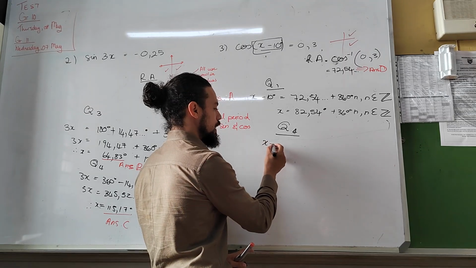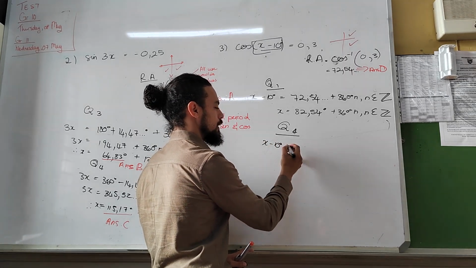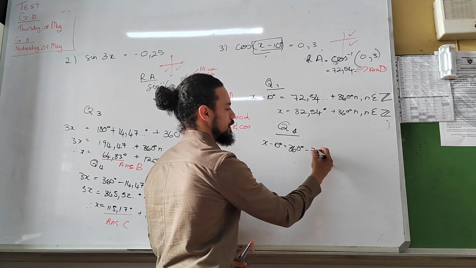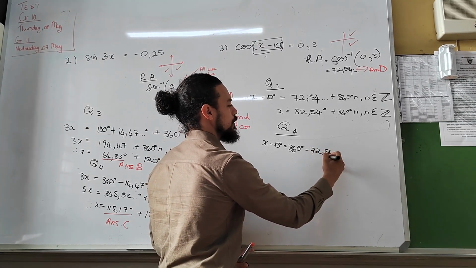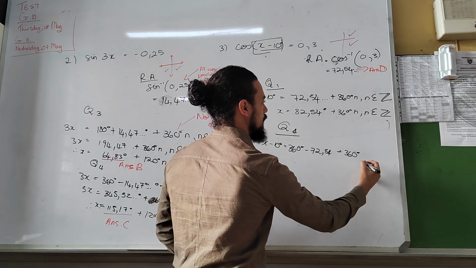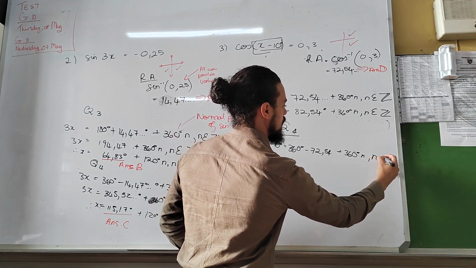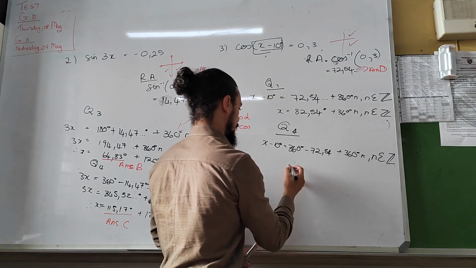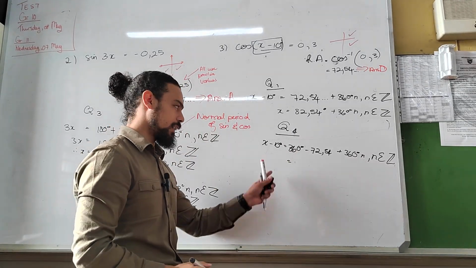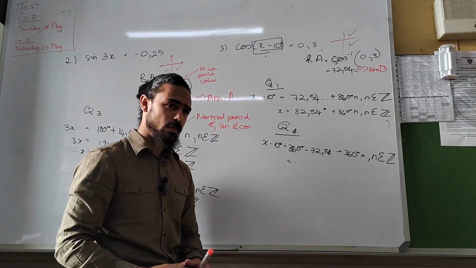So we're going to say x minus 10 is equal to, in quadrant 4, we are always working with 360 minus the reference angle, minus 72,54, which I stored as D, plus 360n, and n is an element of integers. And then we first determine that, and then we add a 10 to the answer.